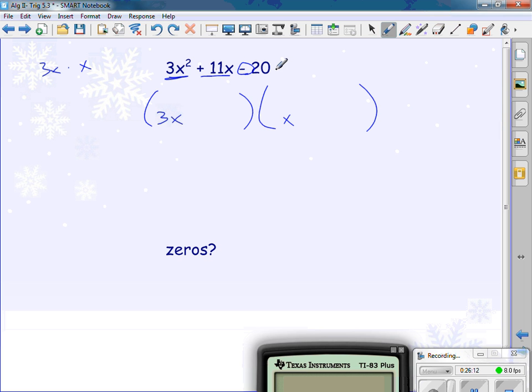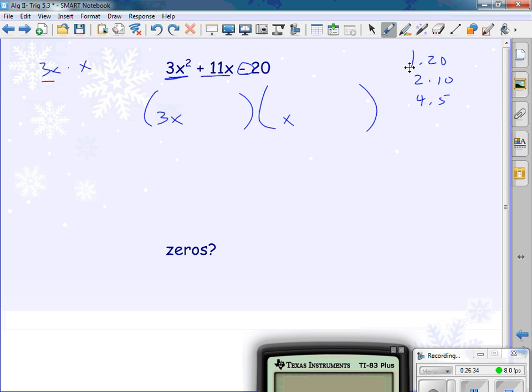How can I get a 20? 1 and 20, 2 and 10, 4 and 5. So I need some sort of combination where I'm going to subtract and get a positive 11. And I've got to use these numbers over here.